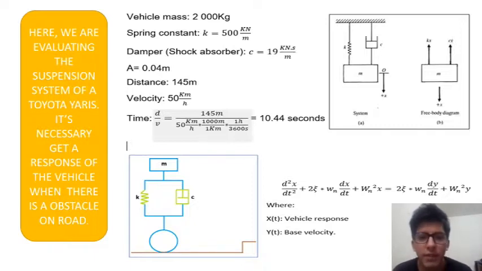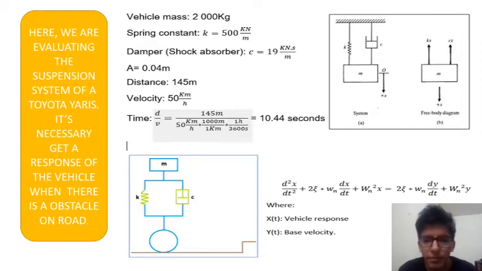So we have the vehicle mass, the spring constant, the damper or shock absorber, the distance, the velocity, and the time. We calculate all this and we can get a response of the vehicle when there is a bump on the road.